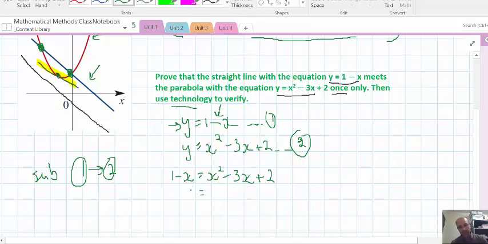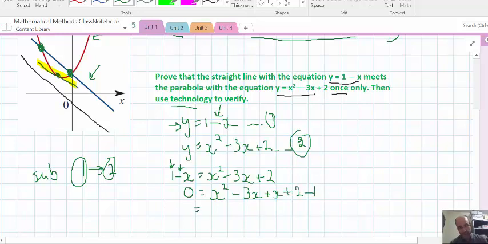So what we need to do now is solve that, and solving an equation for x is when it's set equal to 0. So we need one of the sides to equal 0. If we aim for the left hand side to be equal to 0, we need to undo the minus x and undo the plus 1. So we're going to subtract 1 and add x, and that will make the side 0. So on this side here, we're going to write down what we had and add x, as I said, and subtract 1.